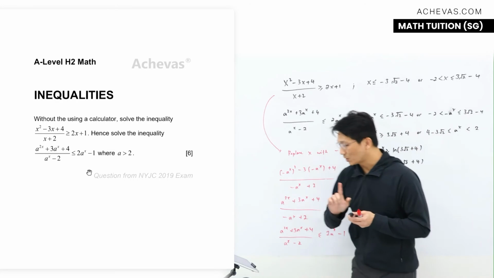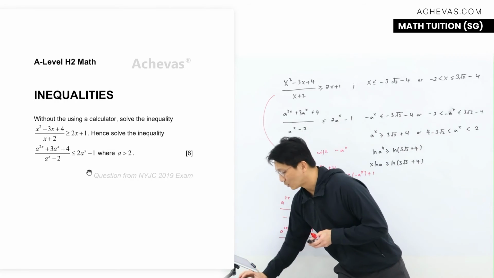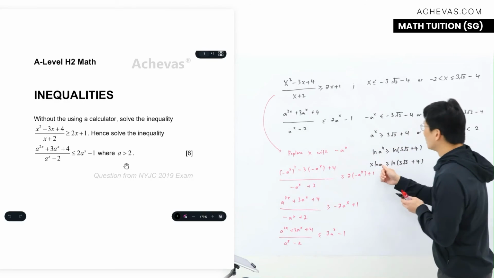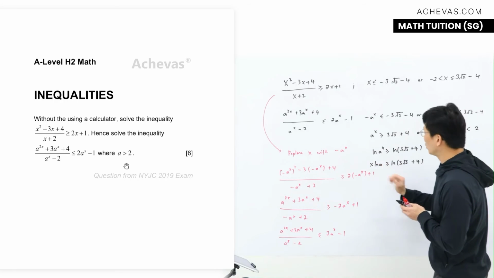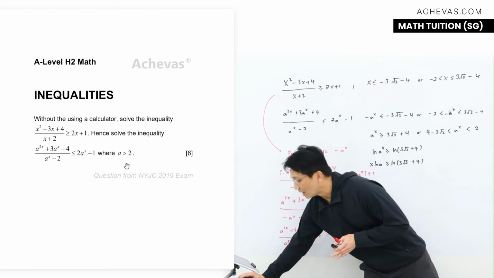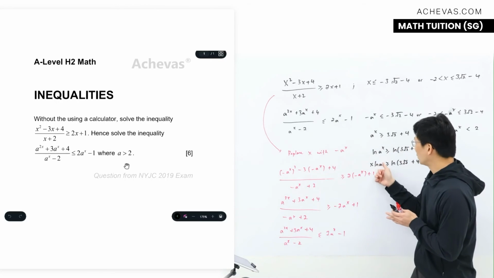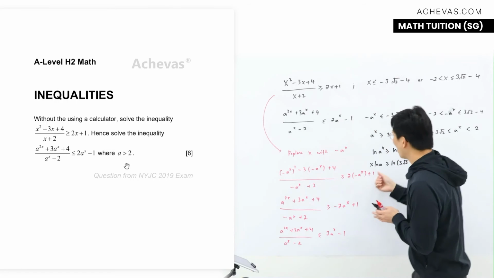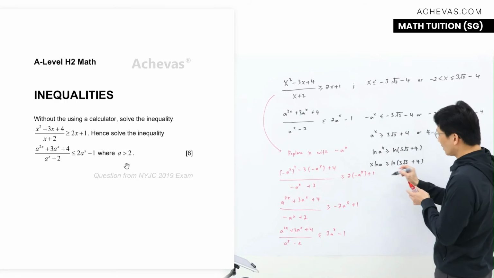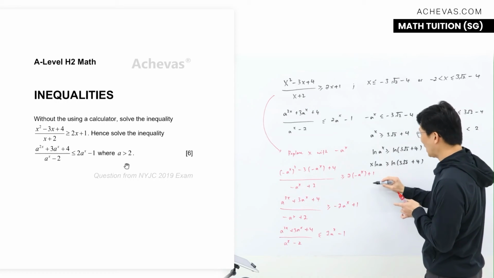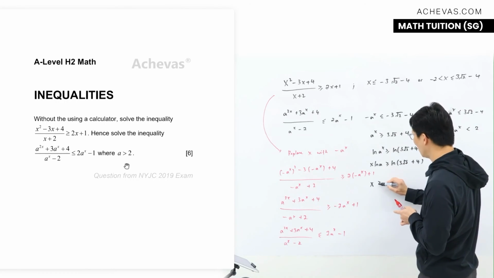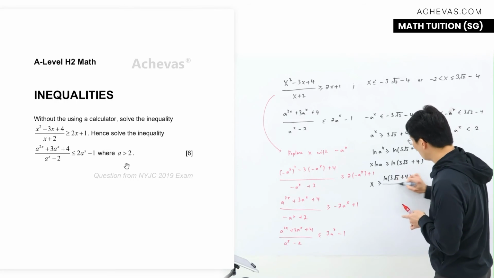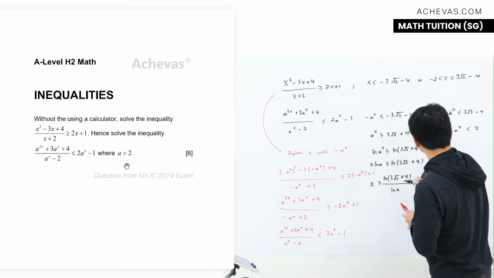There's one important thing we need to take note of, because the question says a is greater than 2. So ln a will always be a positive number. So when I divide over to the right hand side, the sign will remain unchanged. We will have x greater or equal to ln bracket 3 root 2 plus 4 over ln a.